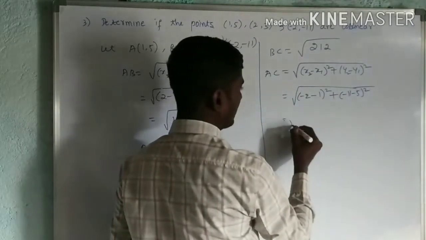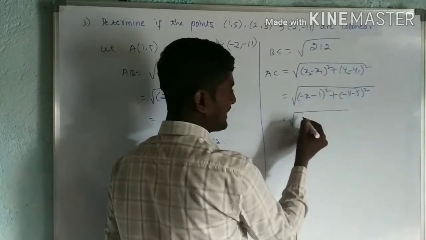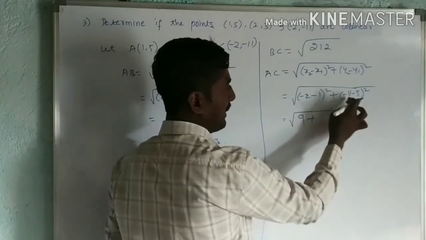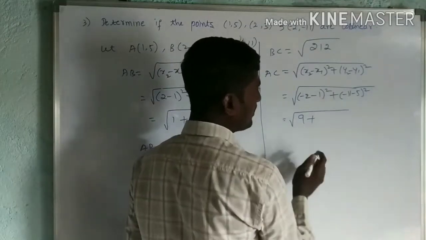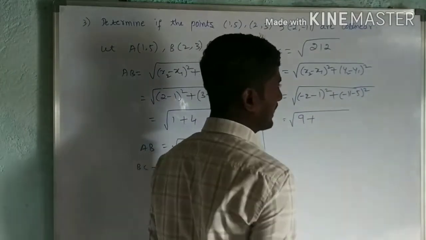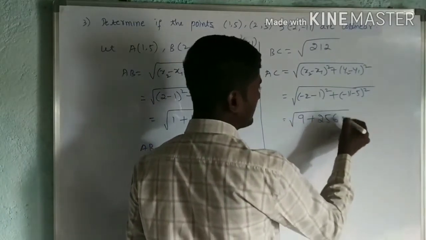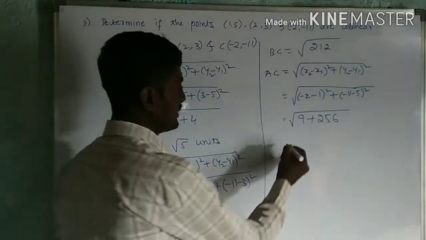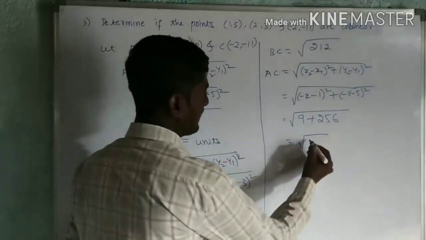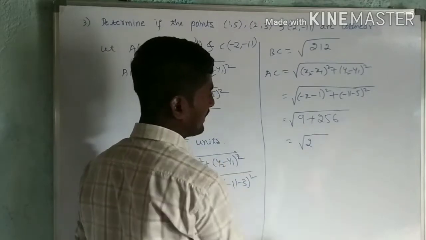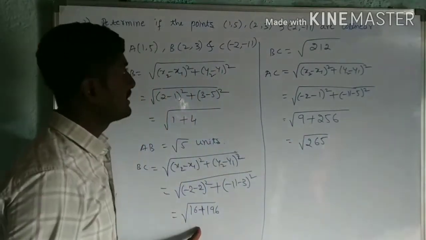Now this is root of -2 minus 1, that is -3, square, it is 9, plus -11 minus 5, that is -16, whole square, that is 256. Am I right? Now this is root of 256 plus 9, that is 265.